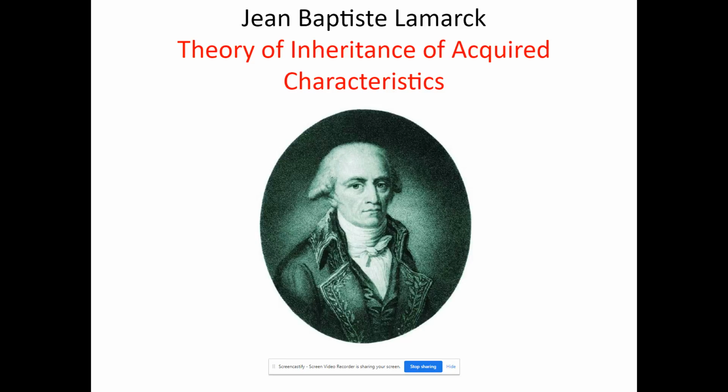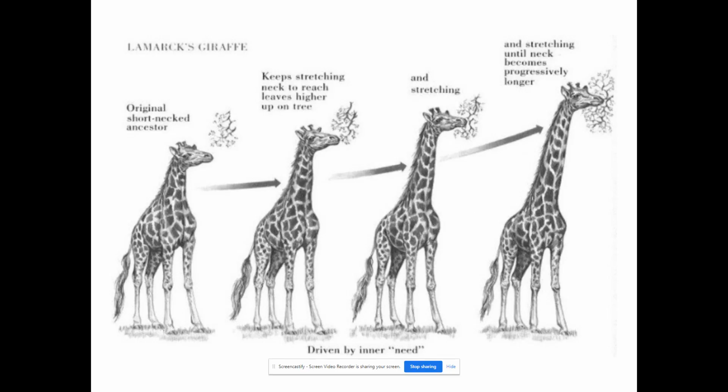Acquired characteristics is basically the idea that a species can acquire certain characteristics over the course of their lifetime, and that their offspring will inherit those acquired characteristics. And so he used a giraffe to talk about this, and he said that a giraffe has an inner need for perfection.